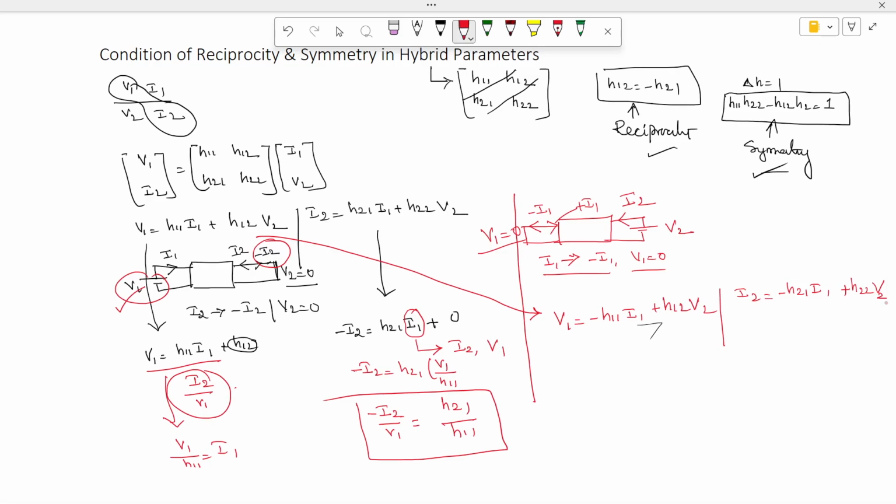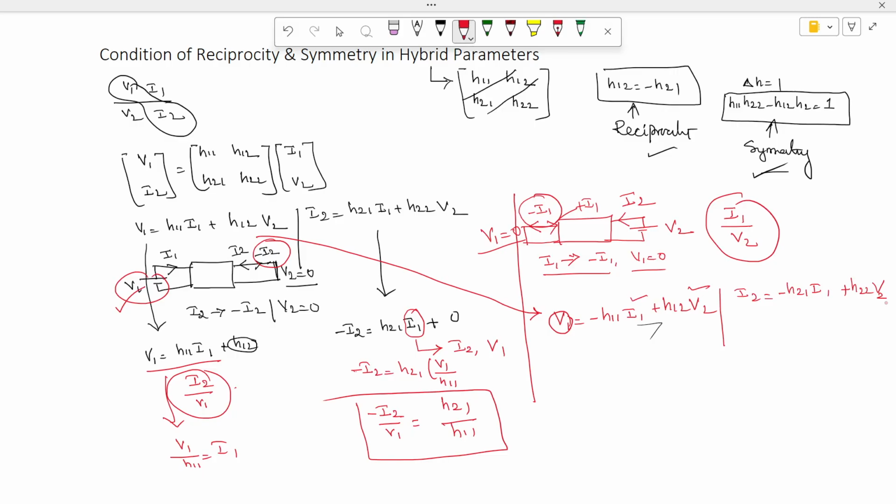Here we have two sets of equations, and in this equation, as I already told, we put V1 equal to 0. What we require is the ratio of response I1 to excitation V2. So identify the equation which has I1 and V2.